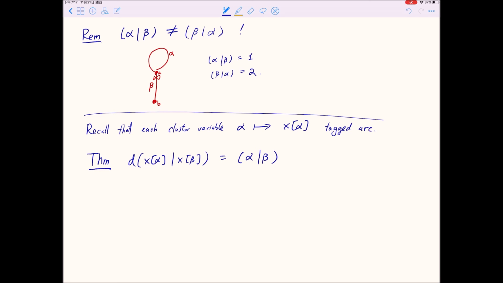Okay, so basically the proof really follows from verifying that it satisfies the recurrence relation coming from the mutation formula.